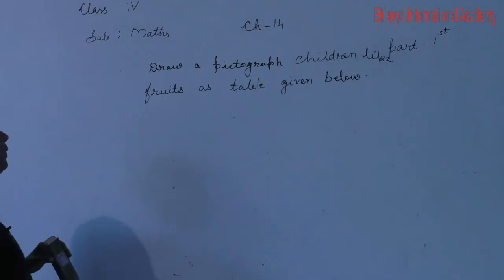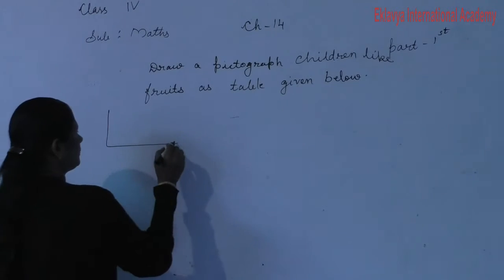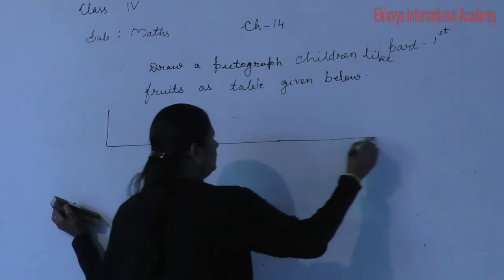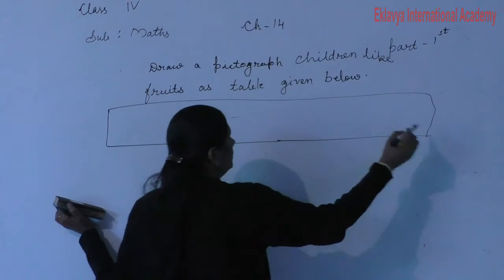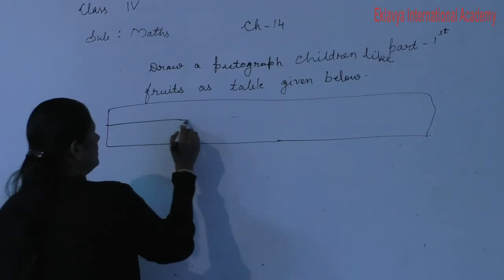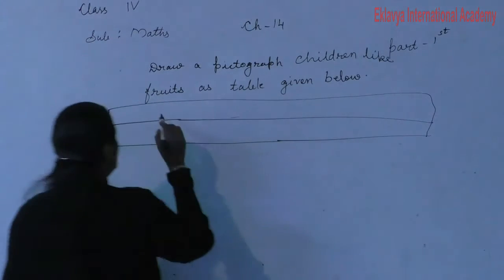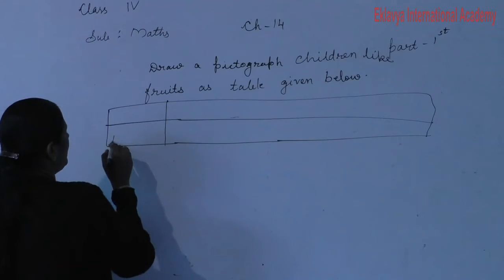First we draw the table. Fruits and number of children.